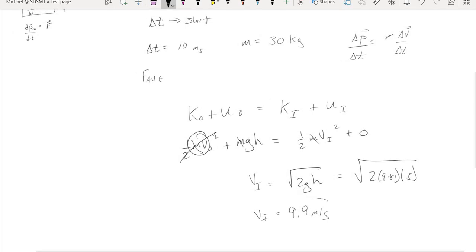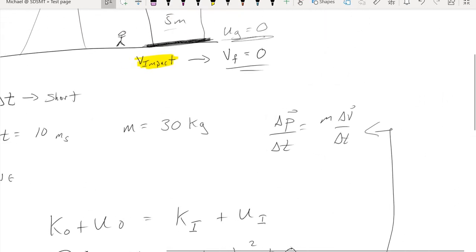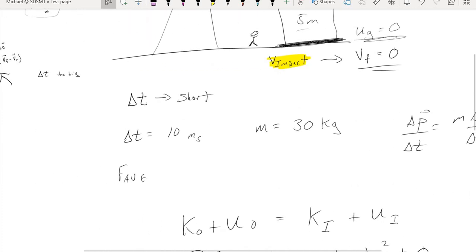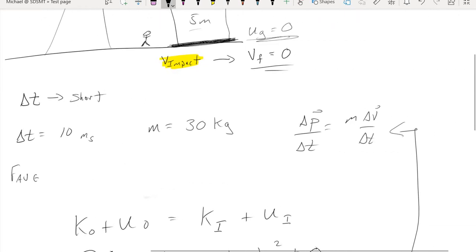We now have to use that in our change in momentum expression to find out what the average amount of force is going to be. And that average amount of force is going to come from the change in momentum with respect to time.